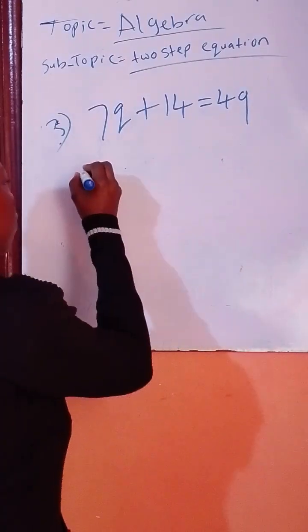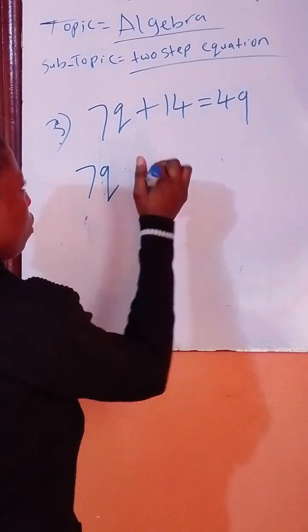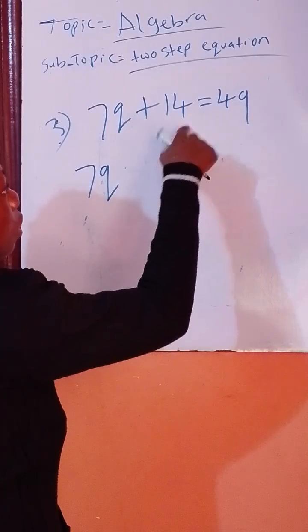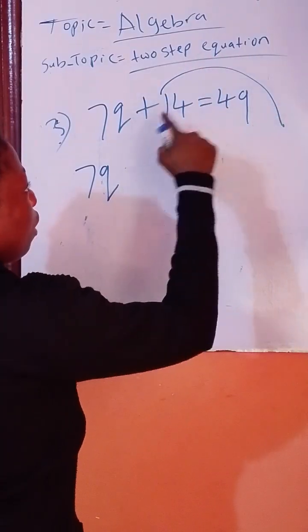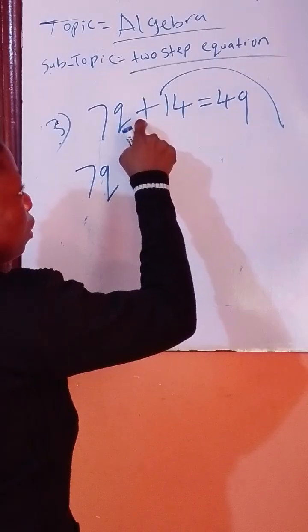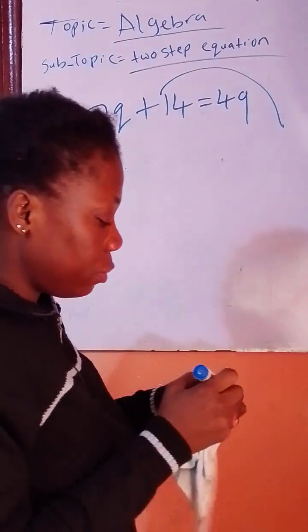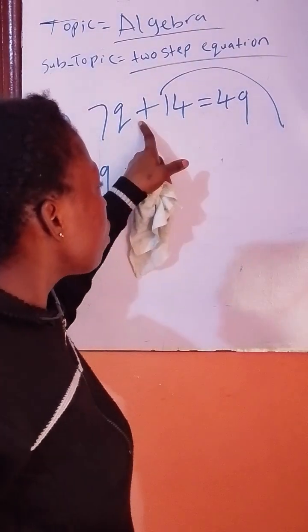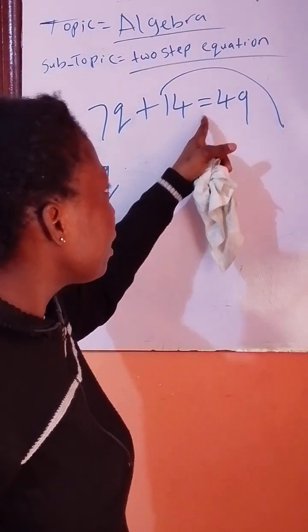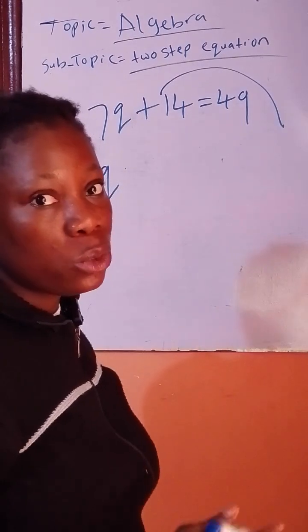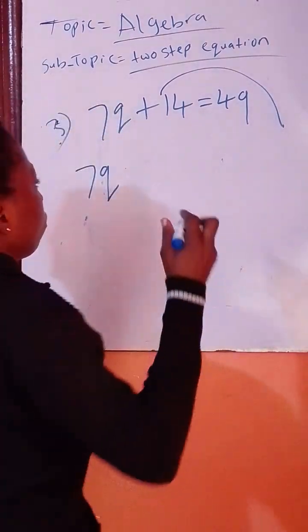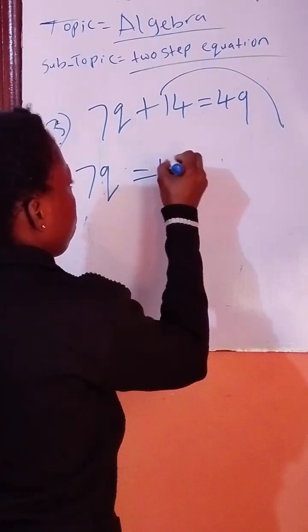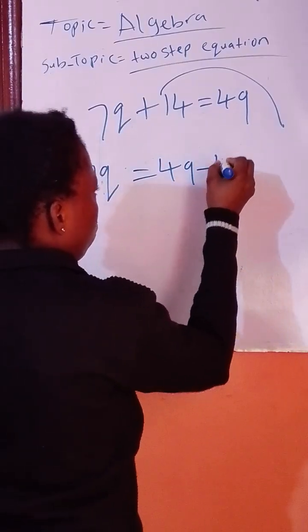We bring down your 7q plus 14. When this 14 crosses the equal sign, this plus will change to minus, equals 49 minus 14.